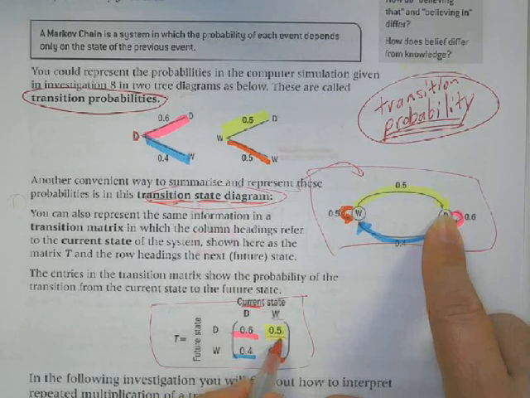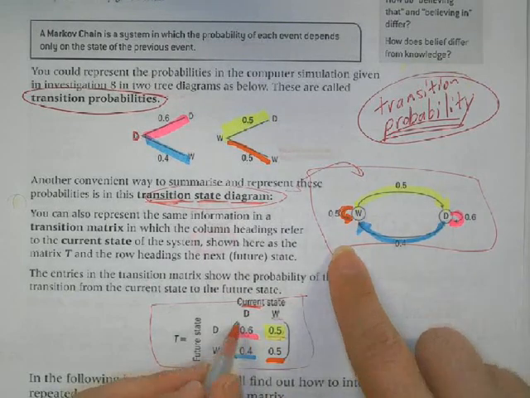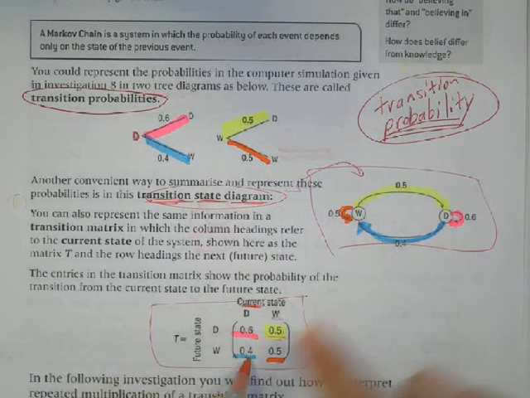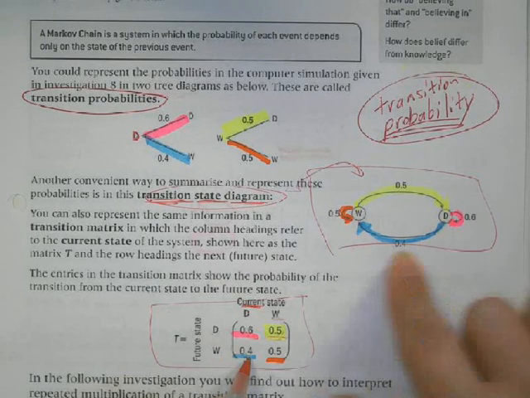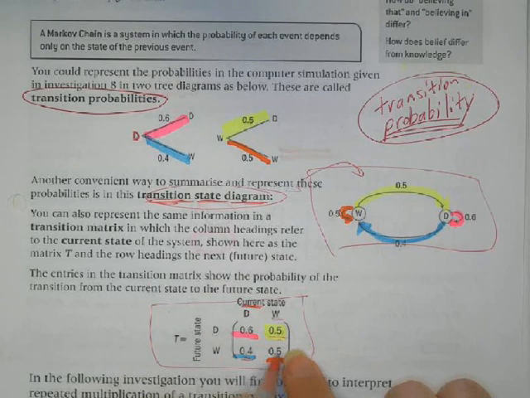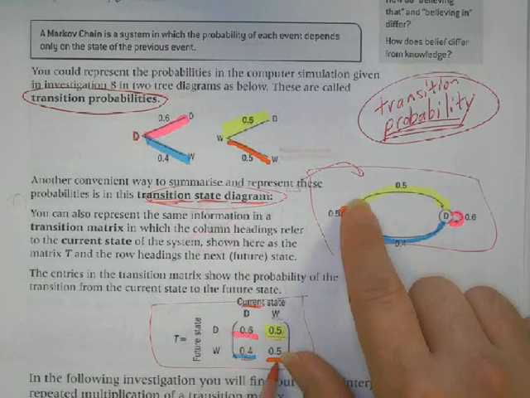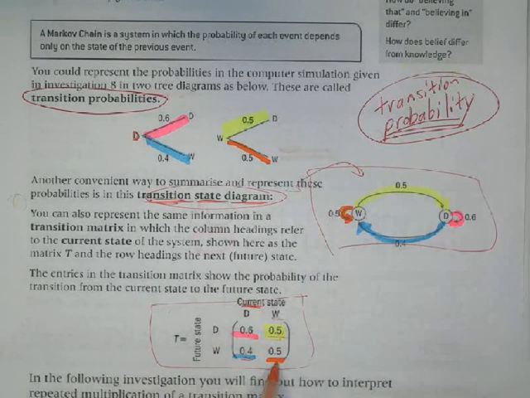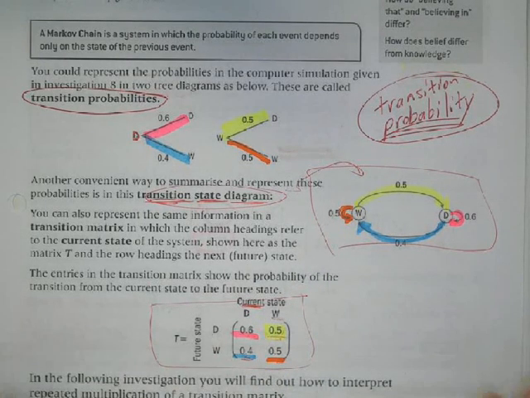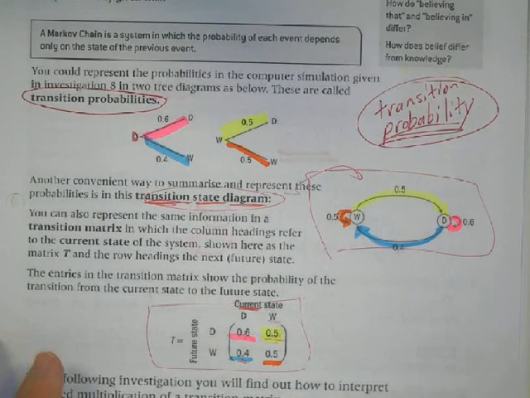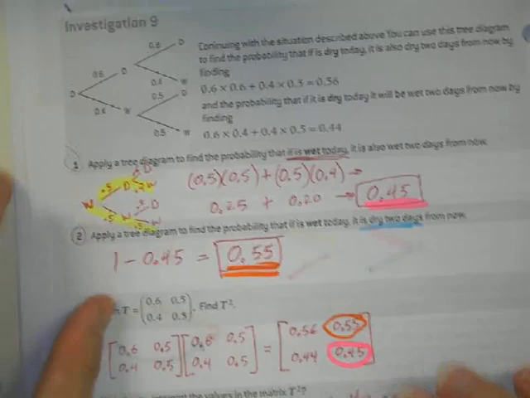If it's currently dry and then going to be wet, I'm going to go from the D to the W, using the blue pathway. And if it's currently wet and it's going to stay wet, I'm going to do this orange loop where it starts wet and stays wet. You might want to replay that again, and the Revision Village guy does a really good job with that.